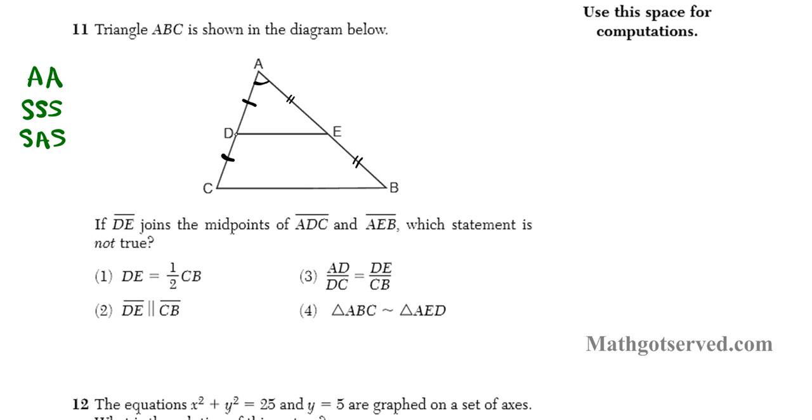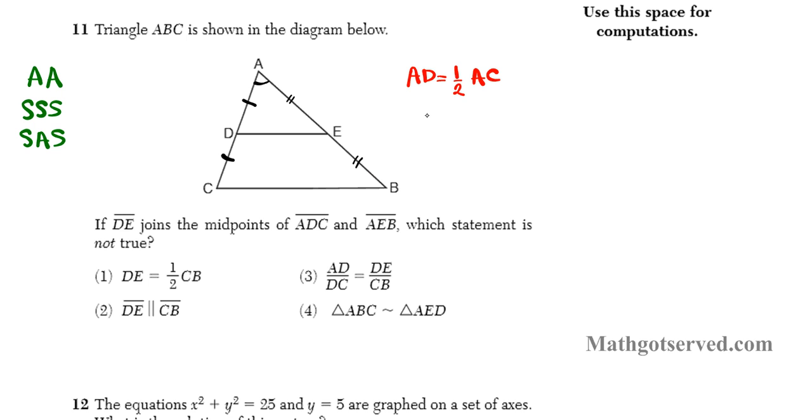Since D is a midpoint, that means that AD is going to be half of the entire length. So let's write down some equations. AD is going to be equal to 1/2 of AC.